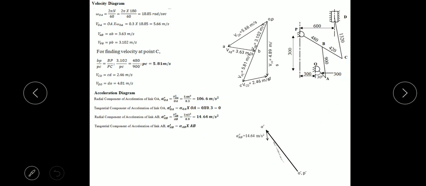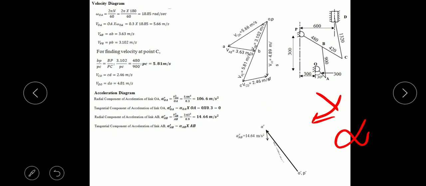So I am taking the radial value in this direction, and there will be confusion for you because in OA the motion is in this direction, and in which direction should we take the acceleration? Actually that depends on the alpha value. Here alpha is 0 for link OA, so you can take either AR on the top side or AR on the bottom side, according to acceleration or retardation.